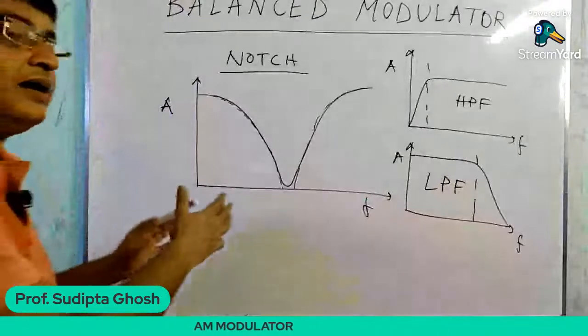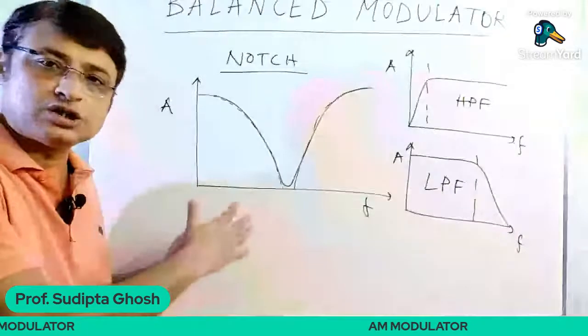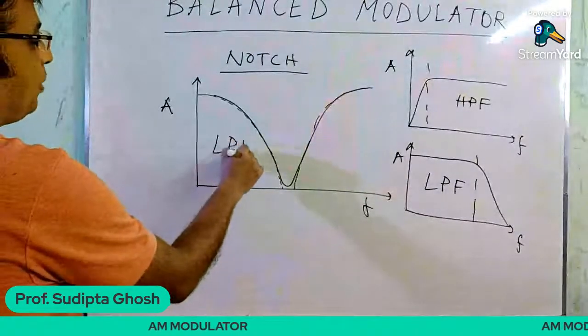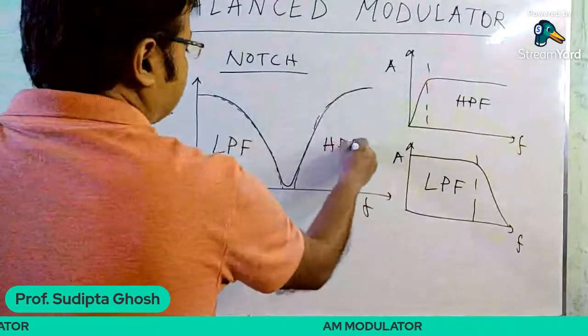So you can imagine this notch filter as a low pass filter and a high pass filter.